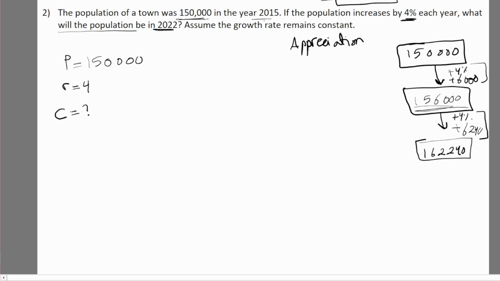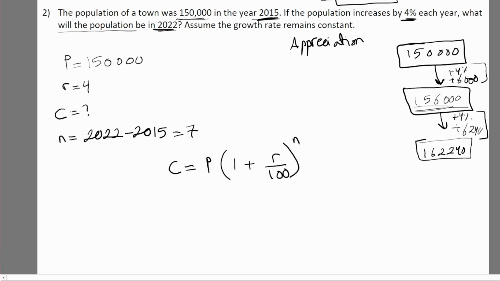And now I do know that this is between the year 2015 and the year 2022. So we actually do know the time N, right? It will be basically 2022 minus 2015, which is equal to 7. So 7 years have passed. So now I can know what the population will be in 2022 by simply using the appreciation rule, where the current or the new is equal to the principal multiplied by 1 plus r over 100 to the power of n.